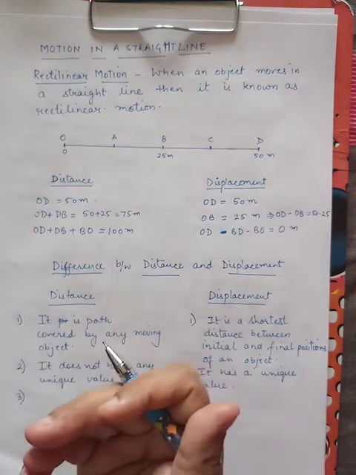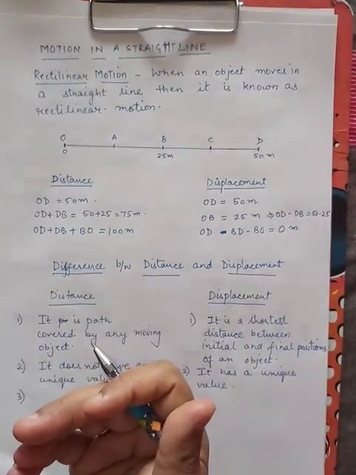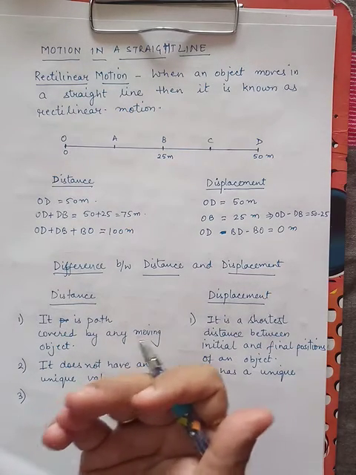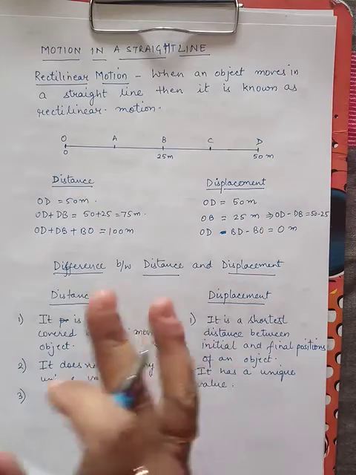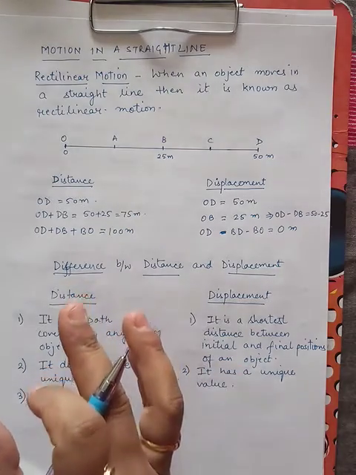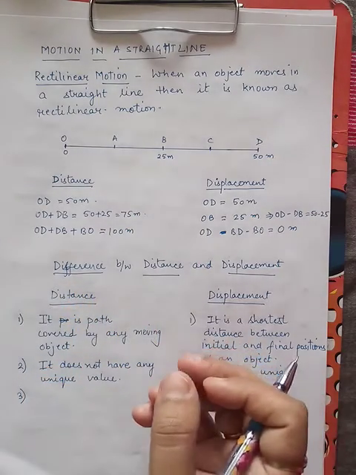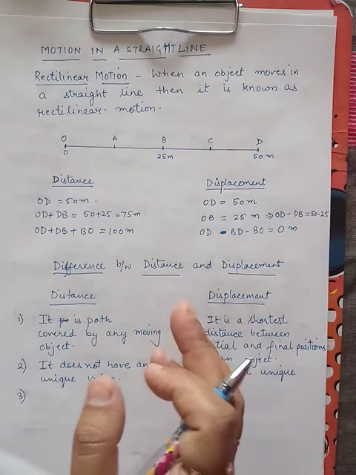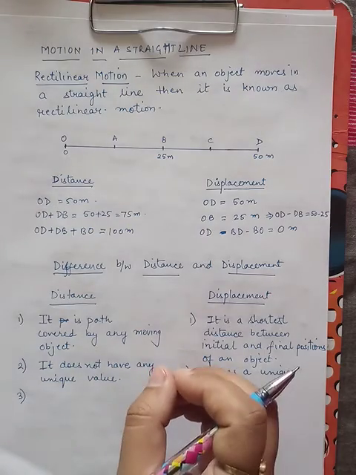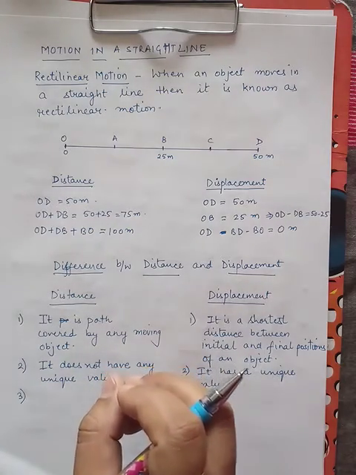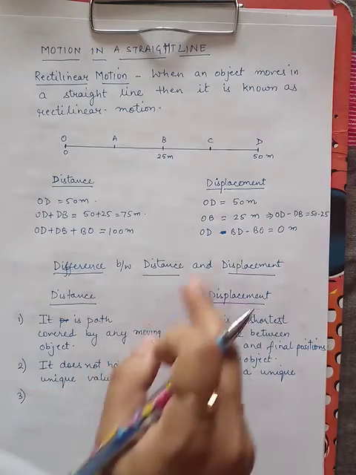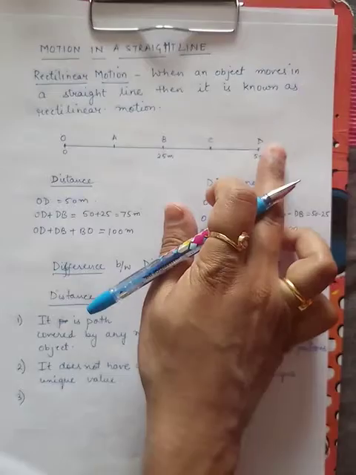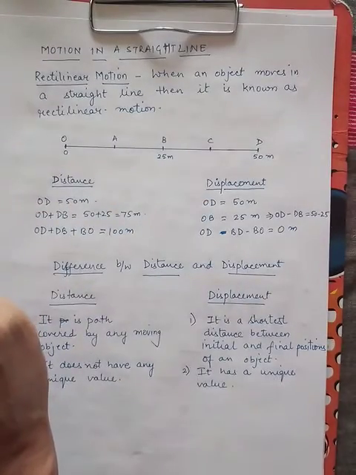A scalar quantity is a quantity which has magnitude, that means a numeric value, only. And a vector quantity is any physical quantity which has magnitude or numeric value as well as direction specified. Displacement specifies direction because it is affected by this movement.